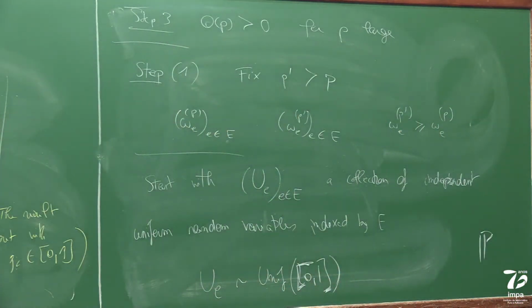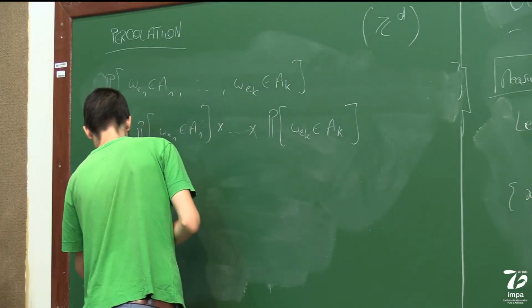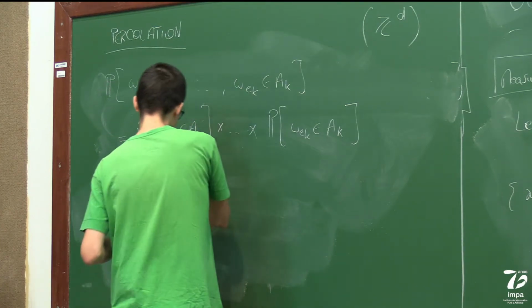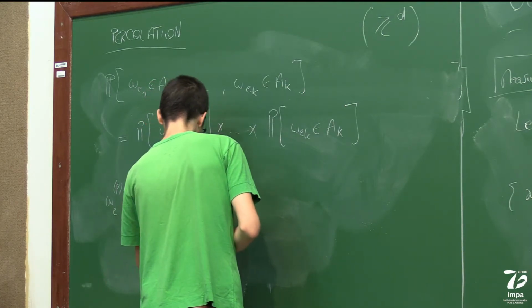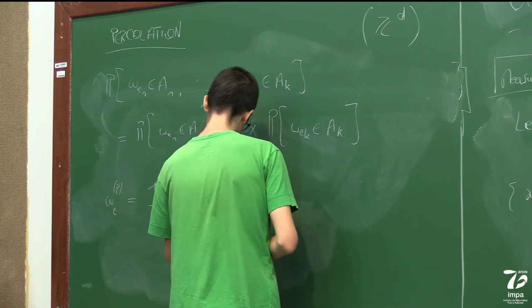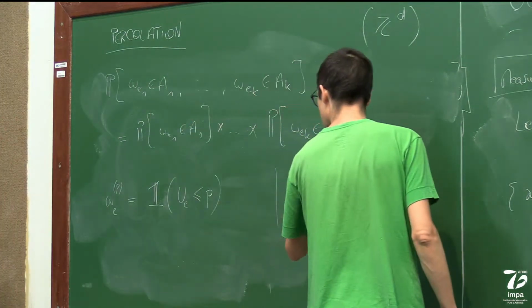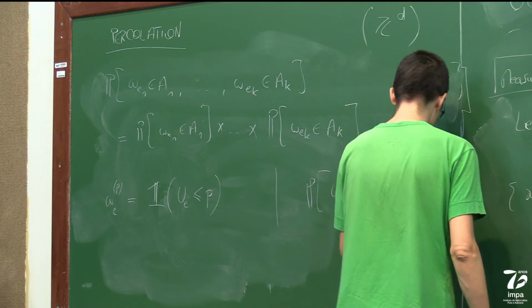And now I define omega p of e to be, well, the indicator of U_e smaller than p. Okay, so with this definition, you can check that the probability that omega p(e) is equal to 1 is indeed equal to p.